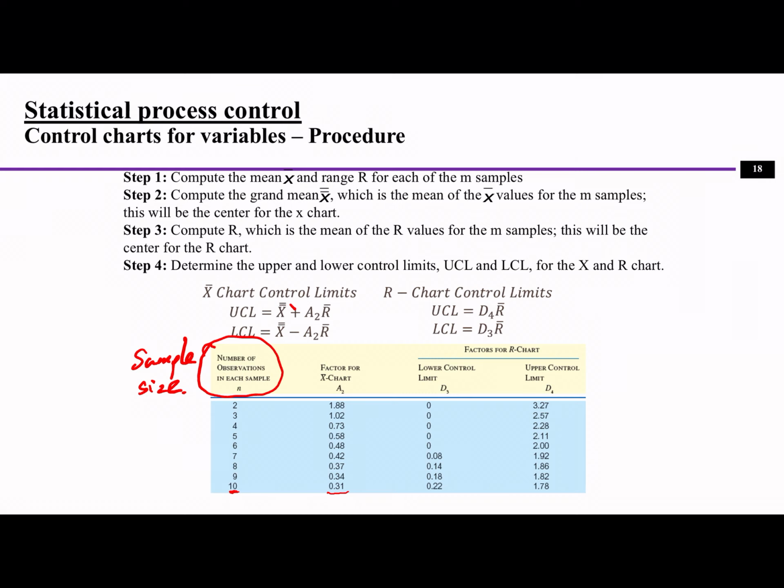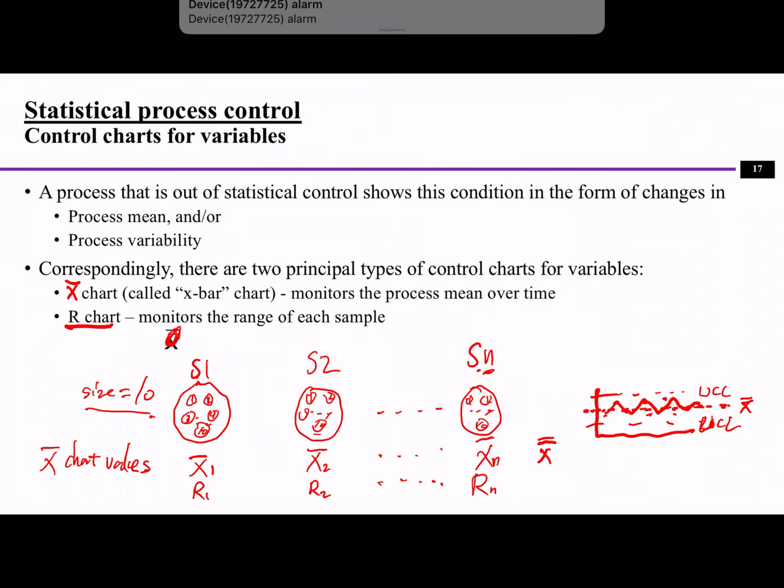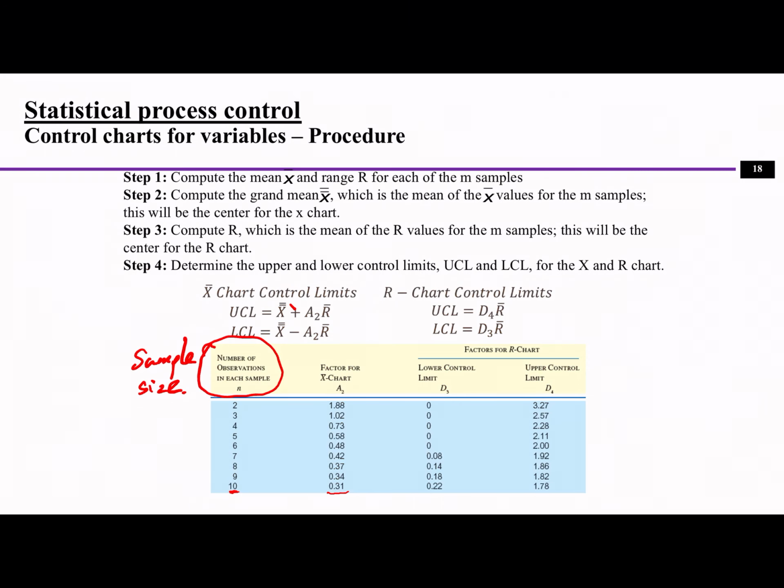Just keep in mind the sample size is different from how many samples. Sample size means how many observations, items, or units are within each sample. How many samples means sample 1, sample 2, up to n.